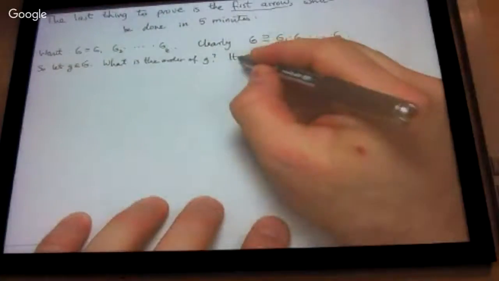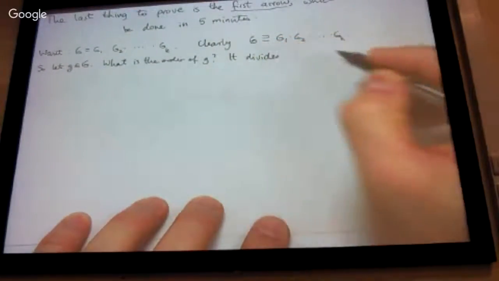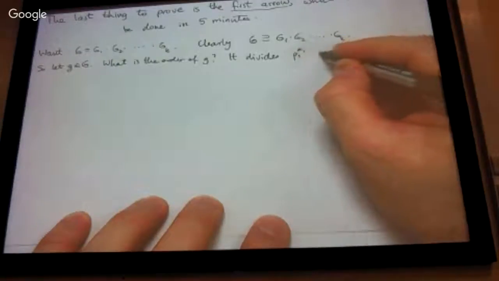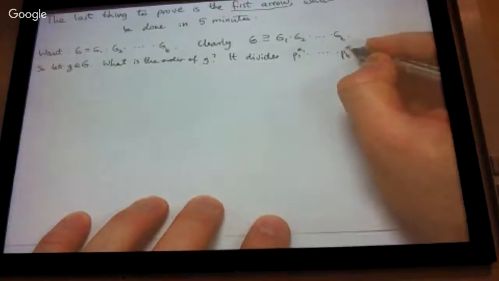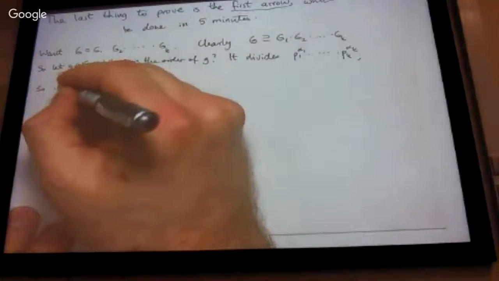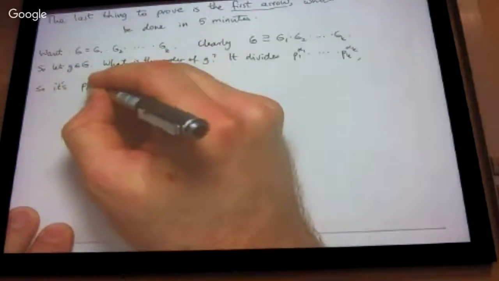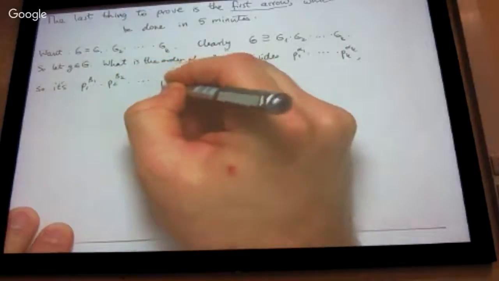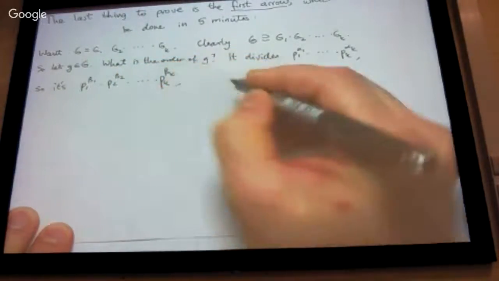So it divides P1 to the alpha 1 up to Pk to the alpha k. So it's something like P1 to the beta 1 times P2 to the beta 2, up to Pk to the beta k.